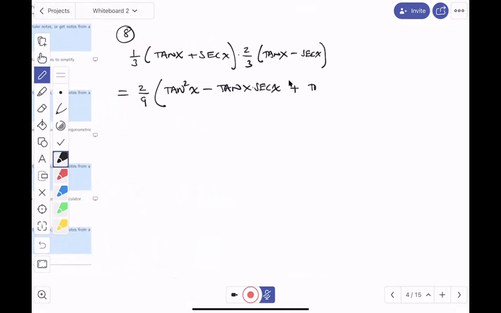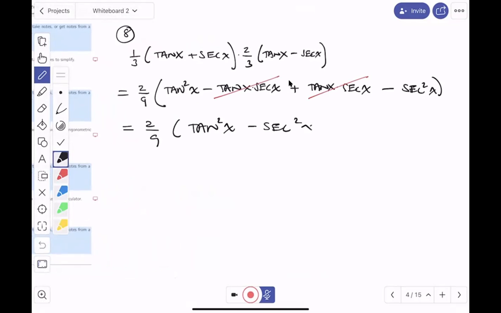Plus tan x secant x minus secant squared x. All right, let's keep moving forward. This is 2/9. And what do you see now? Tangent squared x. I want to point out these two middle terms disappeared. And then you get minus secant squared x.